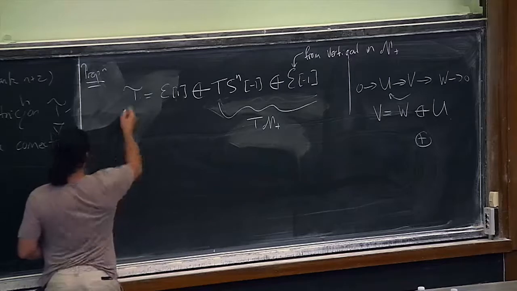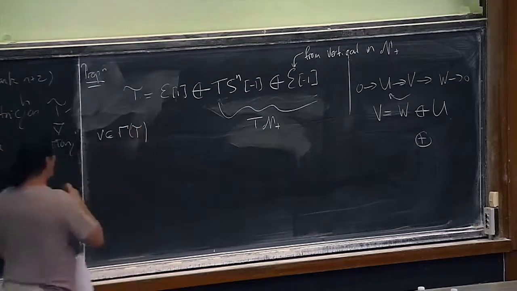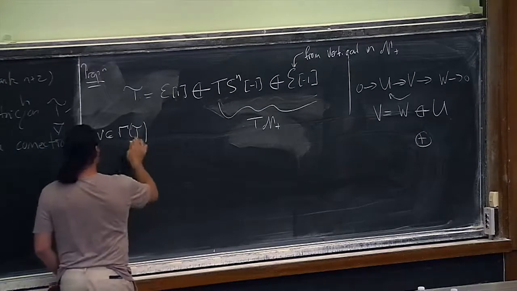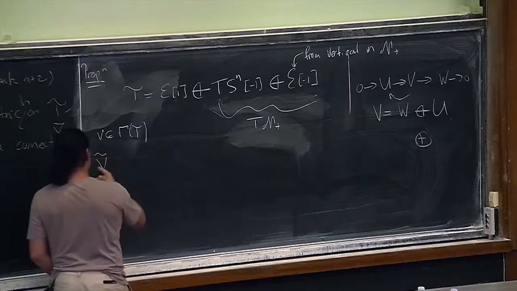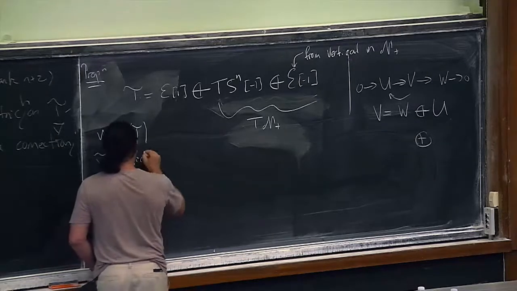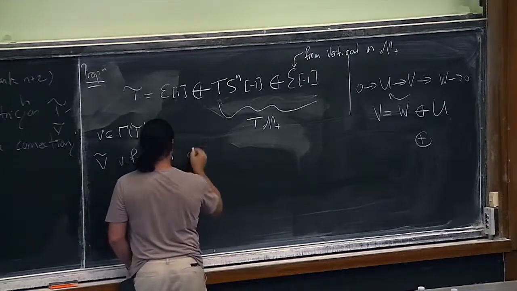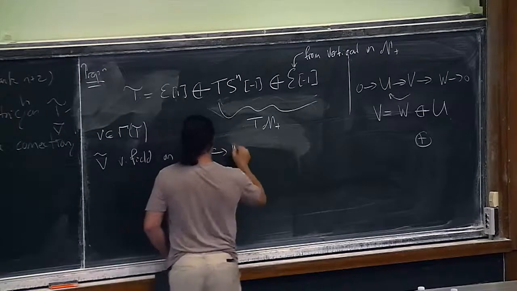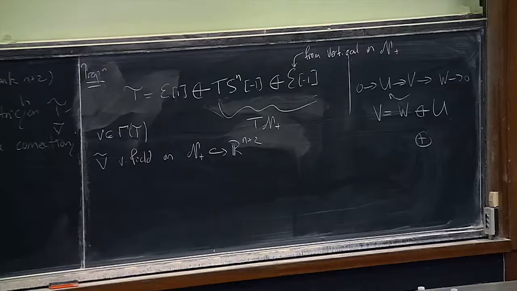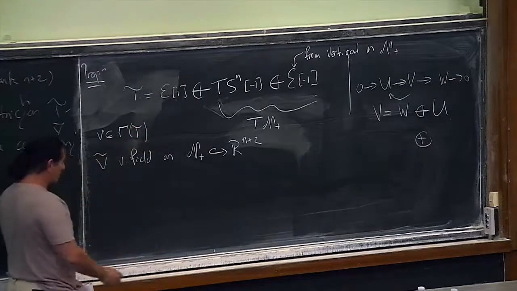Let's look at if you had some V, which was a section of this tractor bundle, then that corresponds to some vector field Ṽ along the null cone, which is parallel in the vertical directions.